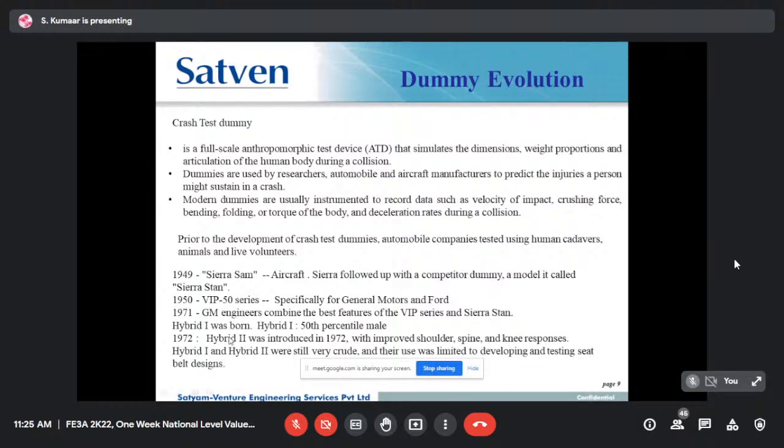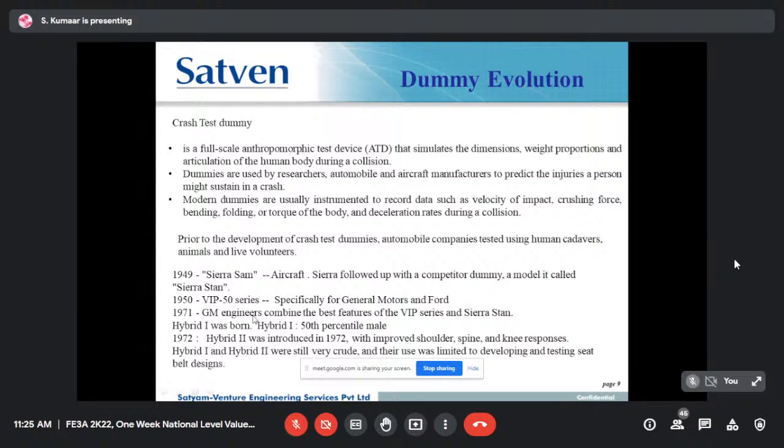Here we can see better response compared to all other series, better than FE3A, VIP 50 series and Hybrid 1. In Hybrid 2, they improved the shoulder, spine and knee responses. But still we have done some improvement on Hybrid 2 also.